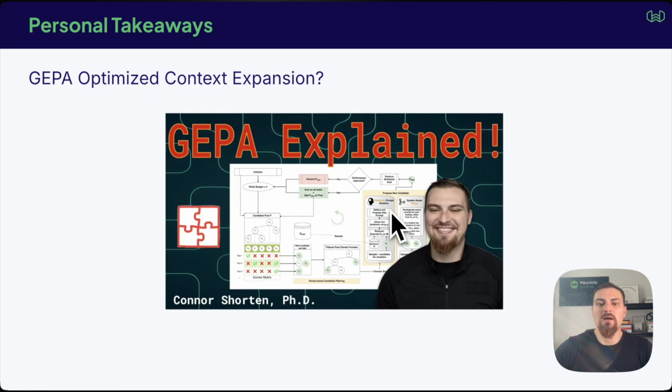And then finally, what if we had a GEPA optimized context expansion? So in the REFRAG paper, they're doing this discrete action policy. It's just selecting the chunks based on the chunk embeddings.